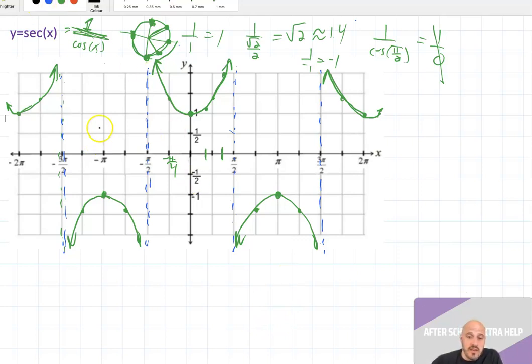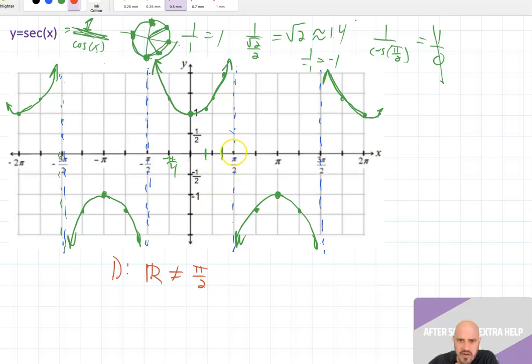So what are the domain and the range, right? Let's briefly write those out. Domain, all right, what x values can I put in? Well, I can put in any real number as long as it's not on these pi over 2 values. So I can't put in pi over 2. And I can't do pi over 2 plus n pi, because if I put in a 0, I'd be saying I was here.